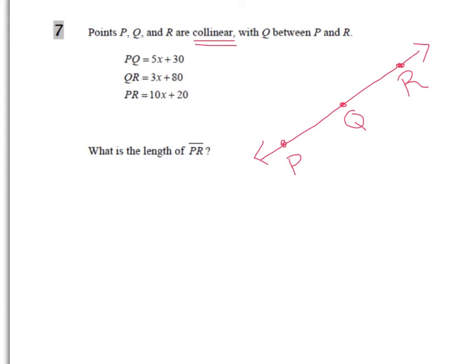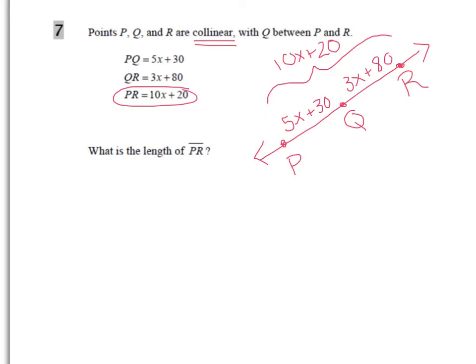Now I know that PQ is 5x plus 30, QR is 3x plus 80, and I know that PR is 10x plus 20. I want to know what is the length of PR.